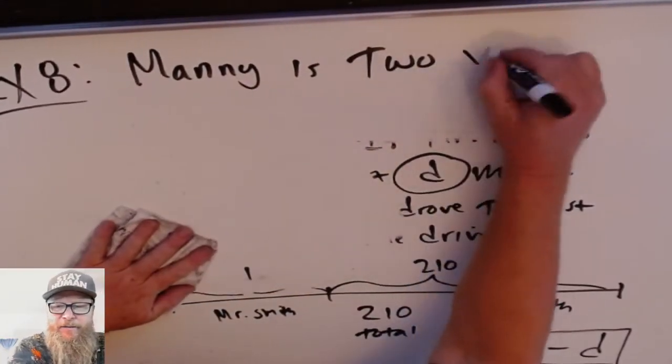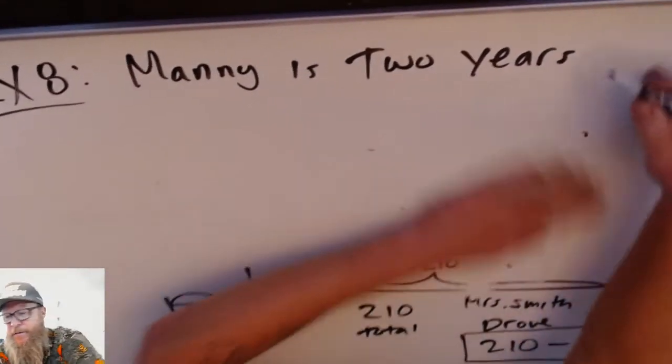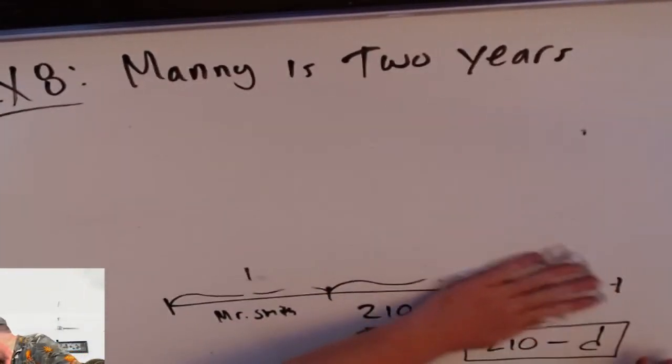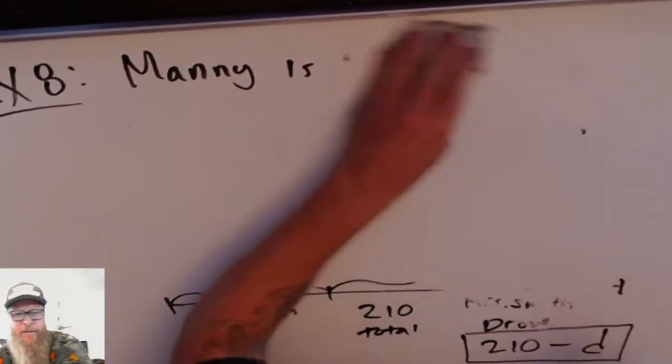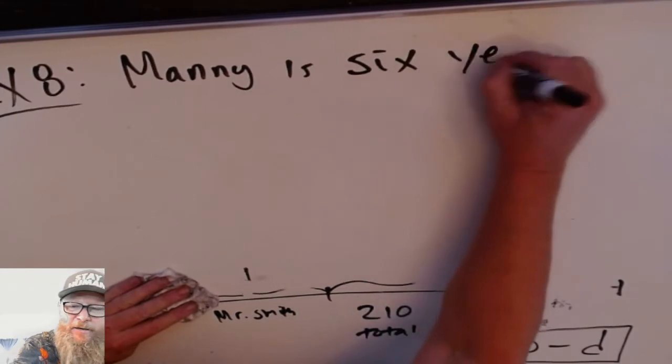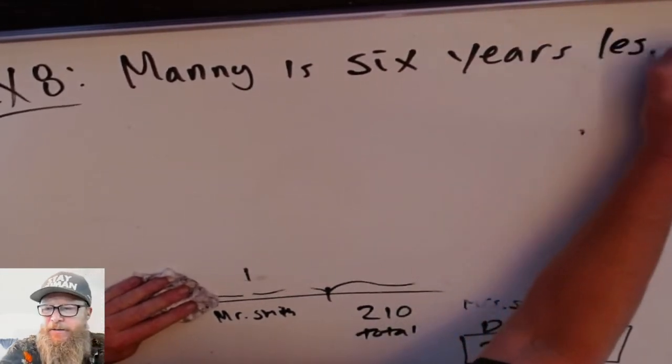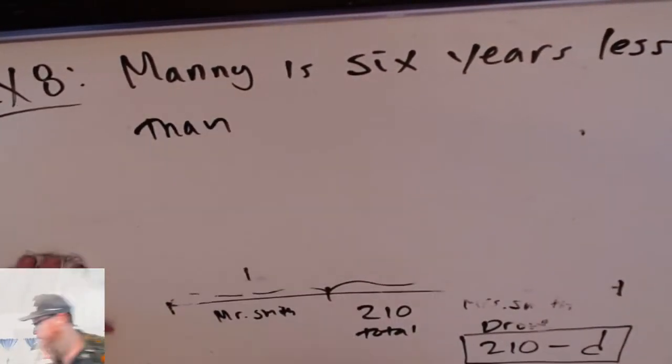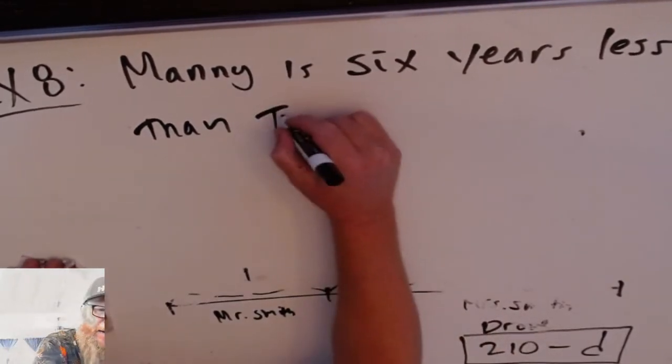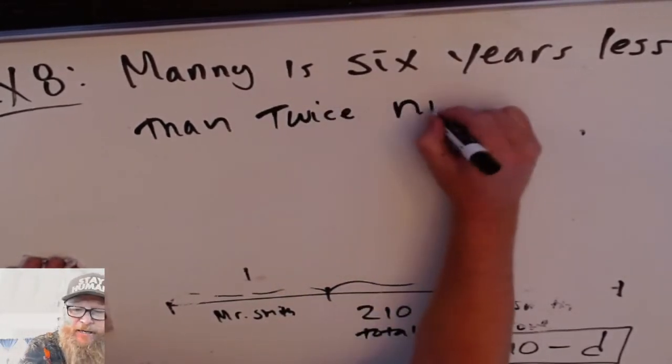Manny is 6 years less than twice Nick's age.